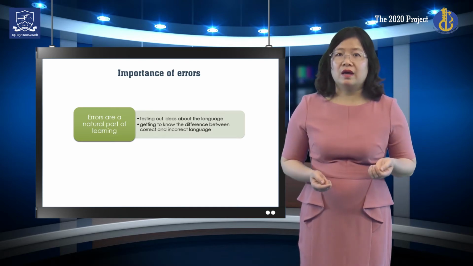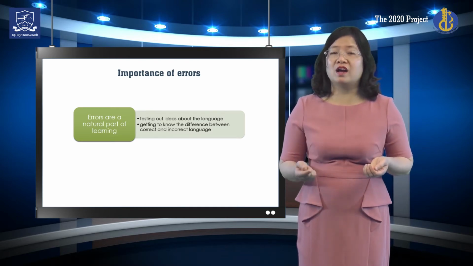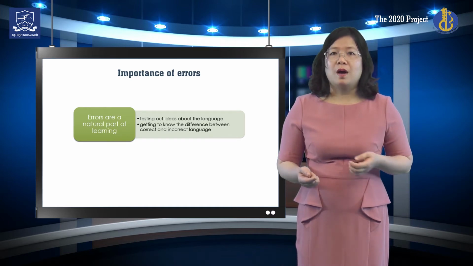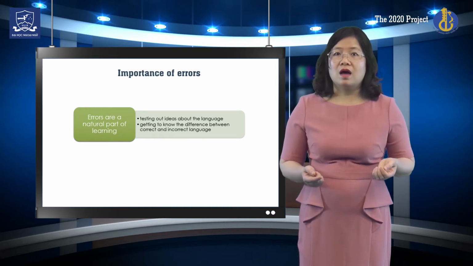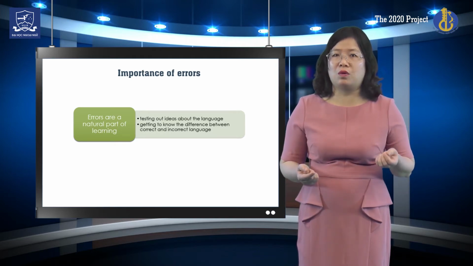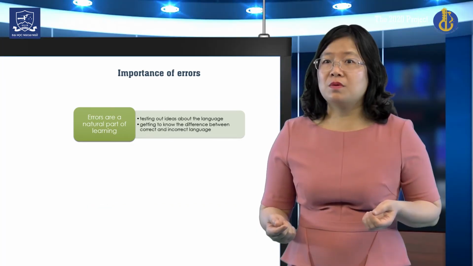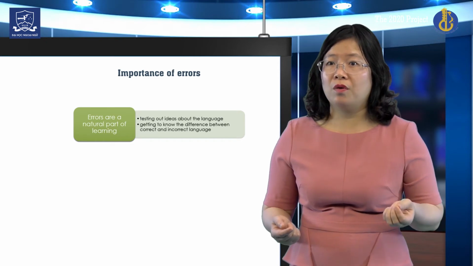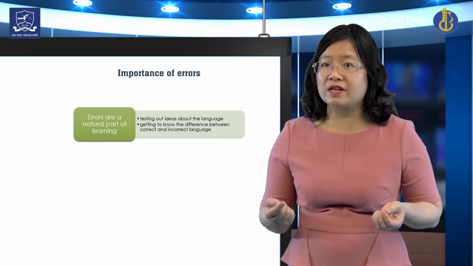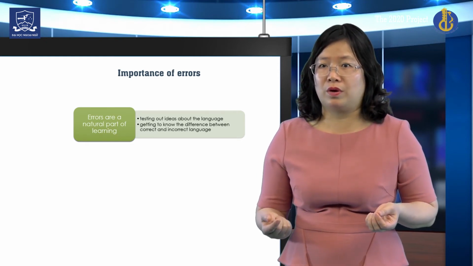In addition, errors are a natural part of learning. By making errors, learners are testing out their ideas about the language. By receiving appropriate feedback, students gradually get to know the difference between correct and incorrect language.